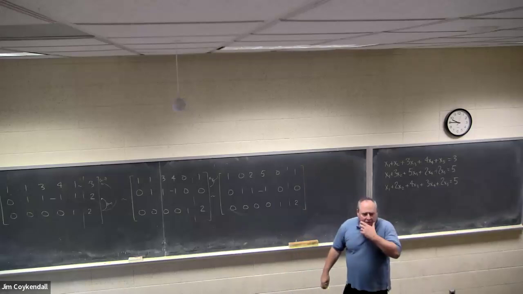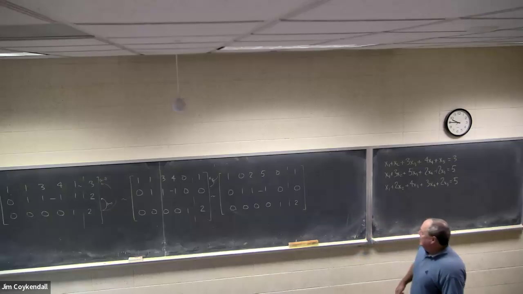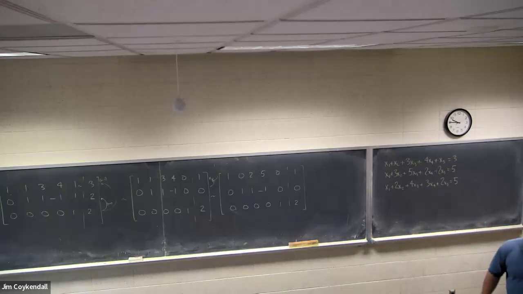This matrix, how many pivots do I have? This is now in row reduced echelon form, right? How many pivots? 3. Agreed. I've got 3 pivots.